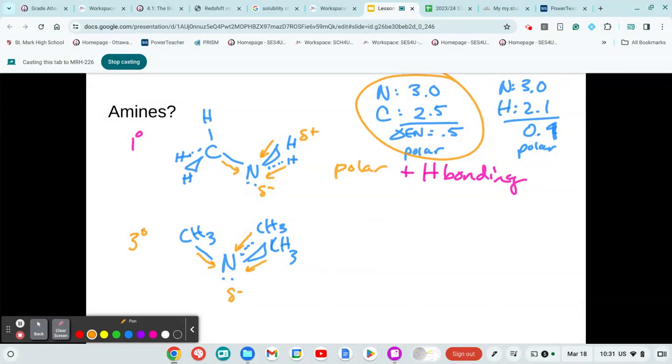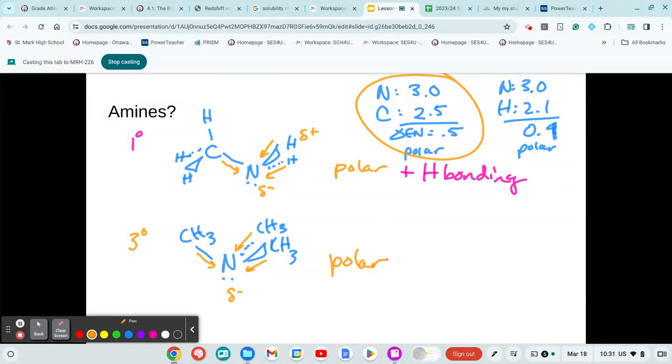As a result, this one is going to be less soluble in water than this one. This one's just polar. The first one has dipole-dipole forces and hydrogen bonding. The second one just has dipole-dipole forces.